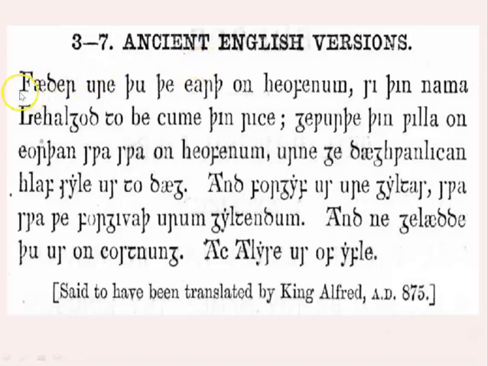Anyway, so we have here: Fader ure thuthe ert on hel vonum sitin nama je halchod tobe kumatin riche je wore thin wille on earth and swaswa on hel vonum ure ne je dai hawamlikan hlafsula us todai and the far juf us ure gutas swaswa we far juvath urum gultendum and ne je ladde thu us on kostnung ac us of uvelo, a lose.